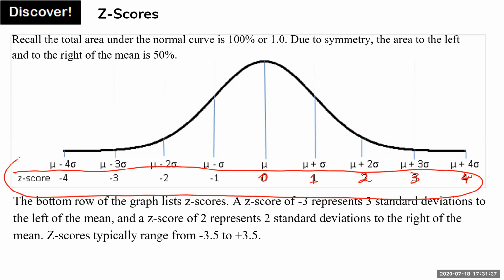So z-scores are basically negative and positive whole numbers, all right? But technically, a z-score goes between negative 3.5 and positive 3.5. Is that okay?